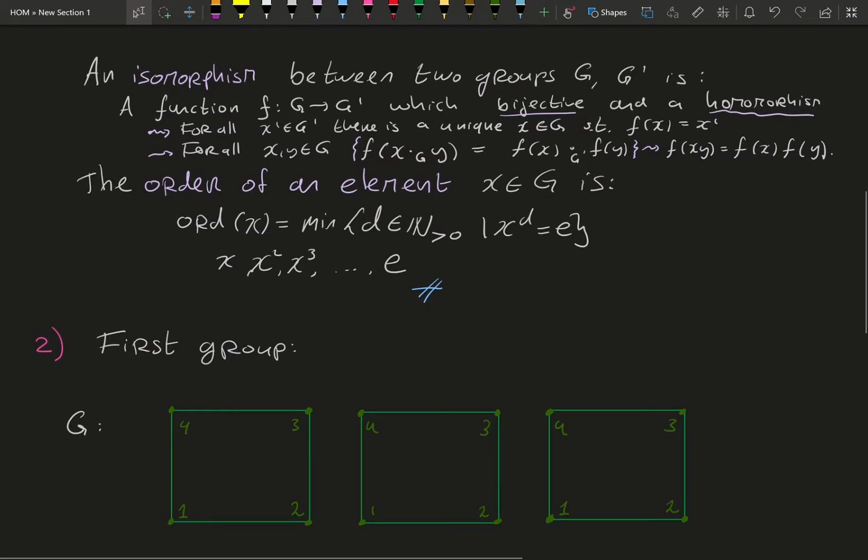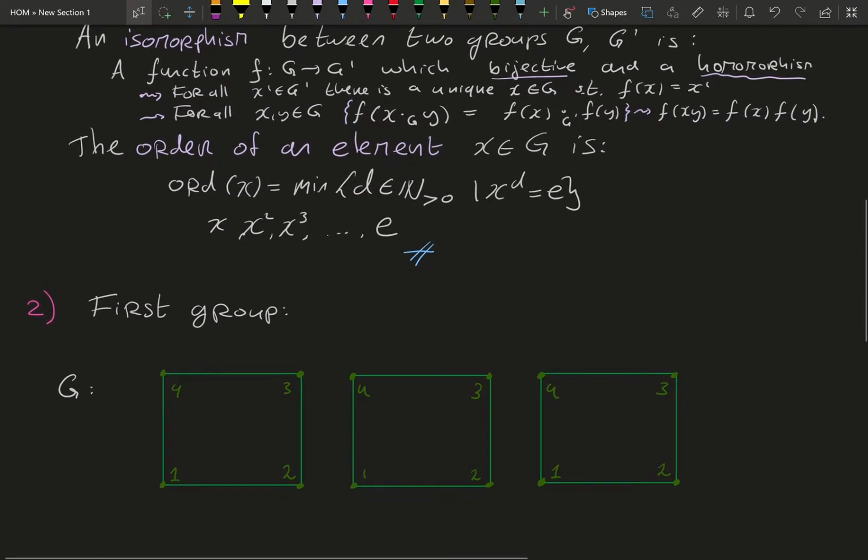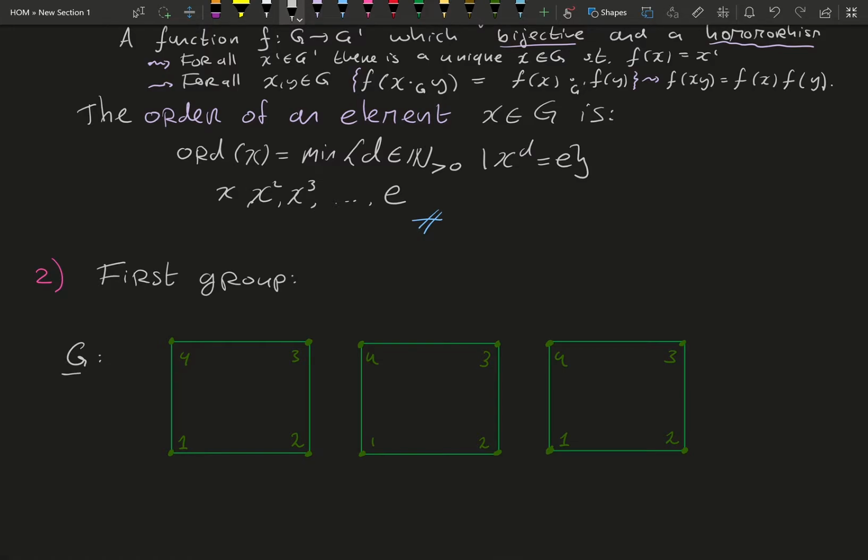Okay, so here is the first group that we're going to construct of order 4. We're going to call it G, and I've drawn here 3 squares, and I'm going to use them to give the elements of my group. So first, consider a rotation of this square by 180 degrees.